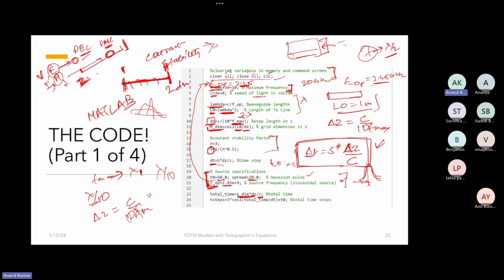So this is the total time this particular wave will take from the source to the load. Then to calculate the total time steps, I've divided the total time by the time step.